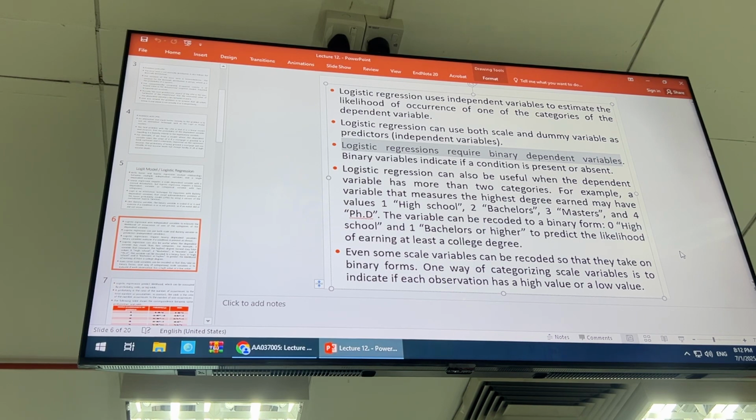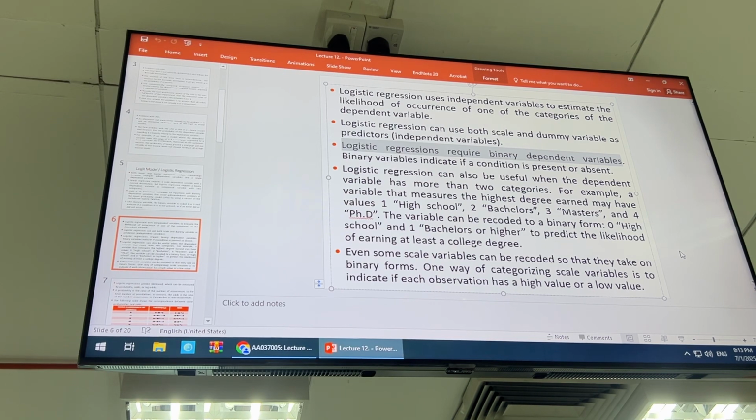Even some scale variables can be recoded so that they take on binary form. One way of categorizing a scale variable is to indicate if each observation has a high value or a low value. So let's say you have income data. Income is a scale variable, but you want to construct a logistic regression to predict whether someone is high income or low income.